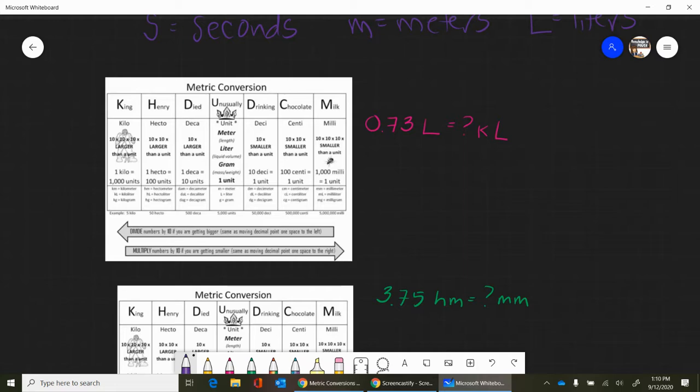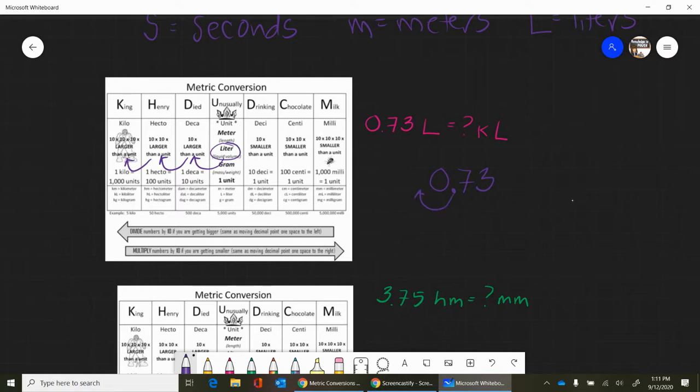This time I can mark on it. So if I start with 0.73 liters, so I'm starting here, and I want to move to kiloliters, I've got to move my decimal place 1, 2, 3 spots. So I start and my number is this. It has a decimal place right here.